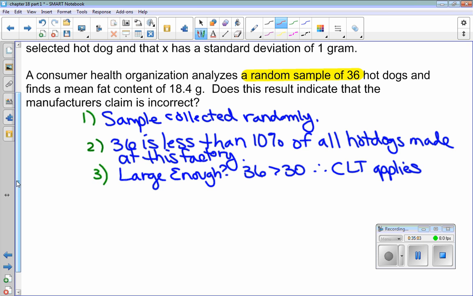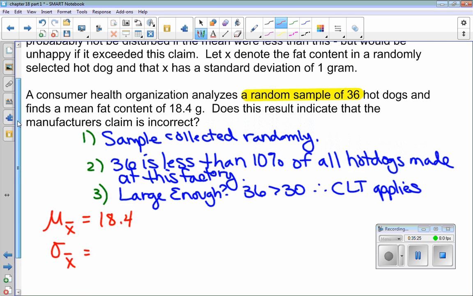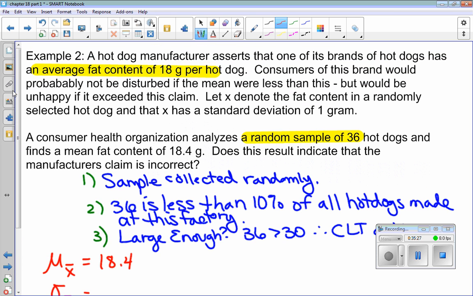So let's find our mean of our means, and let's find our standard deviation of our means. Are we given something? We're told that the mean is 18.4, and it doesn't change. It's just the standard deviation that changes. Are we given a standard deviation? 1 gram.